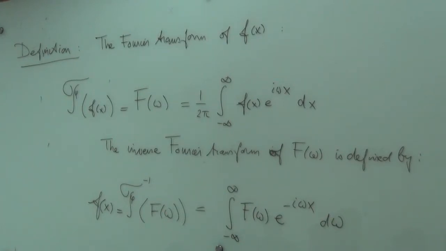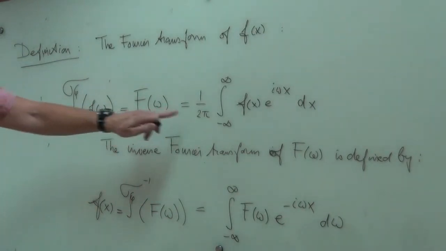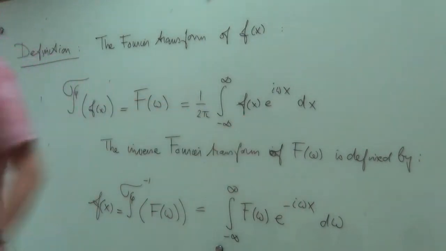Look at this formula. f(x) is equal to. If you look carefully in this formula, then you see that this in total is what I call my big F(omega). So the Fourier transform of f(x) is F(omega), 1 over 2 pi times this integral. And you see it in here. What is the inverse?